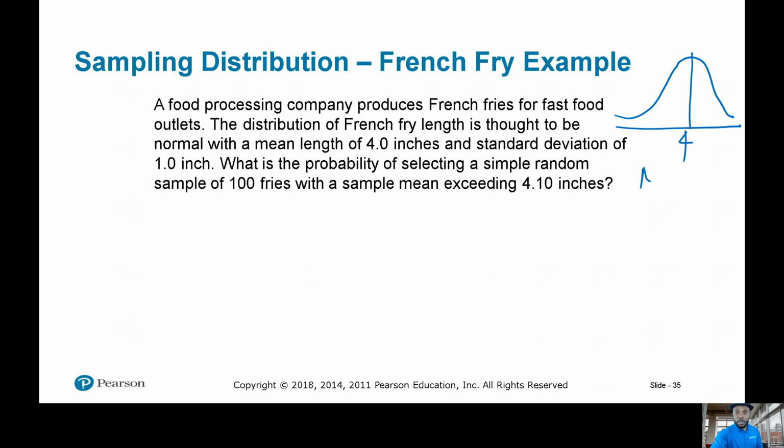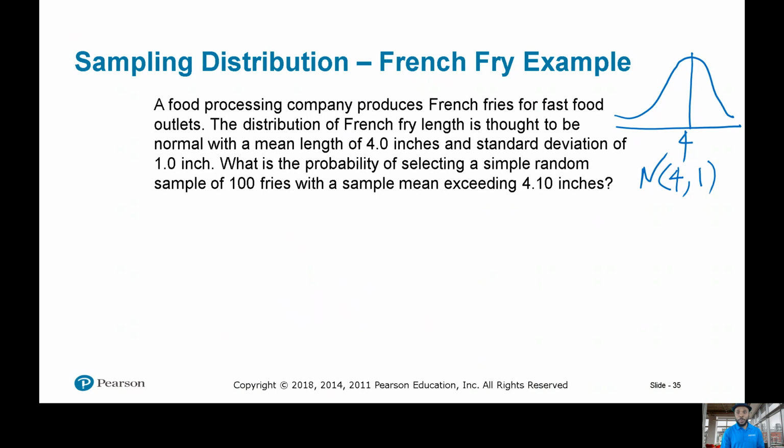So what we are saying is that we have a distribution that is normally distributed, a mean of 4.0 inches, and a standard deviation of 1. Now, what is the probability of selecting a simple random sample of 100 fries with a sample mean exceeding 4.10?